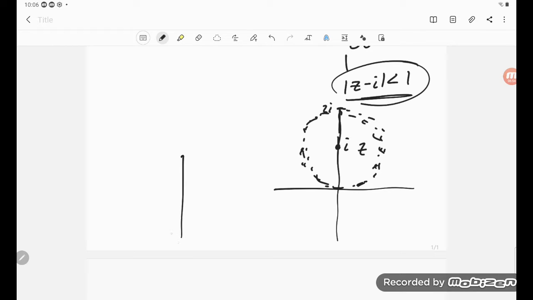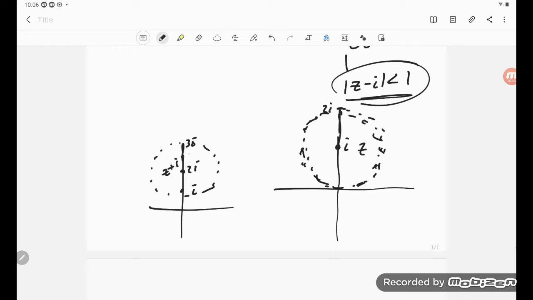And so I'll draw this a little bit smaller. There's i, there's 2i, 3i. And what happens is z plus i is in there somewhere.